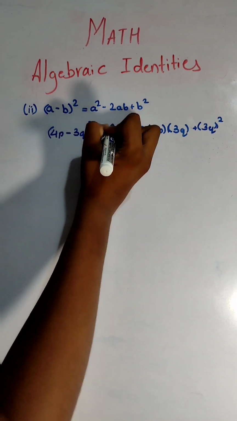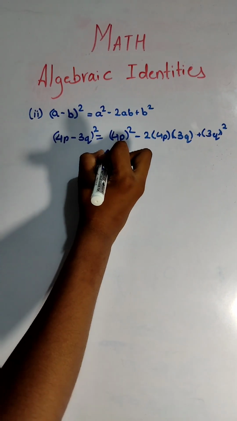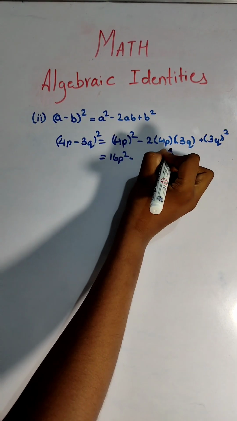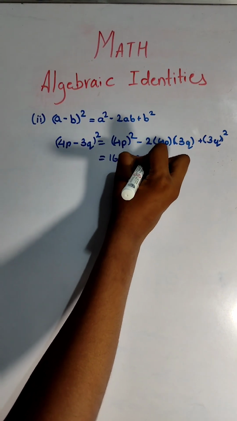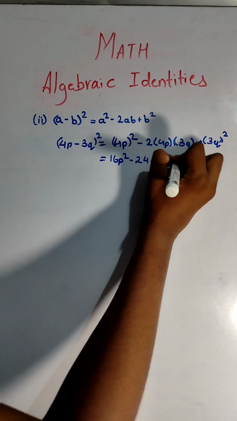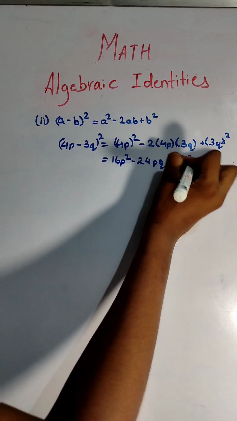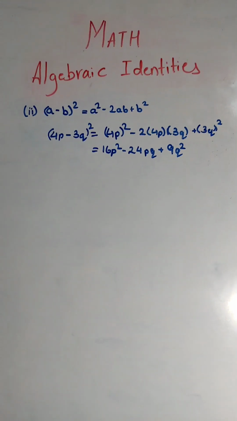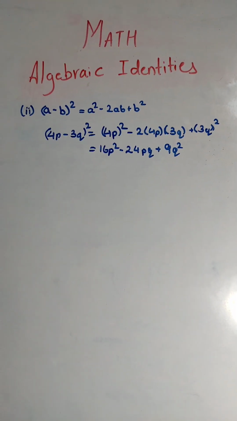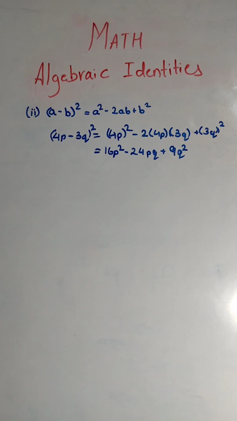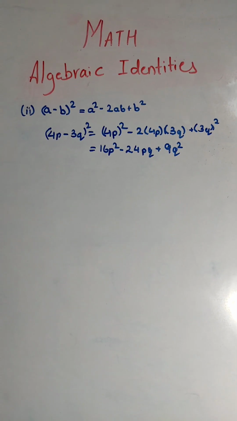So this is equal to 16p square minus 24pq plus 9q square. So this is the final answer. We can see that it's a lot quicker than using the actual method of binomial by binomial multiplication. It's way quicker and way easier to solve.